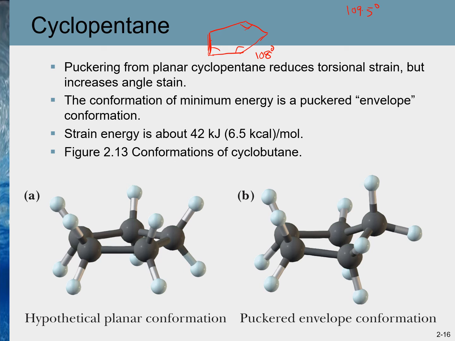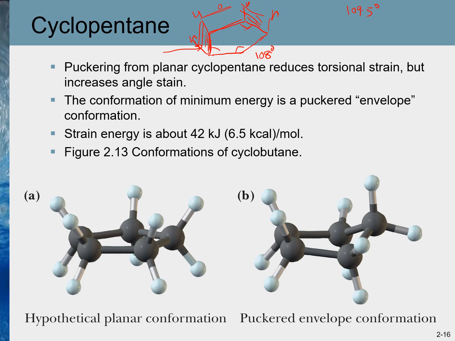However, there is another issue, and that issue is torsional strain. If cyclopentane adopts the perfect flat planar conformation, all CH bonds will have the zero dihedral angle, and that will generate an extensive amount of torsional strain.